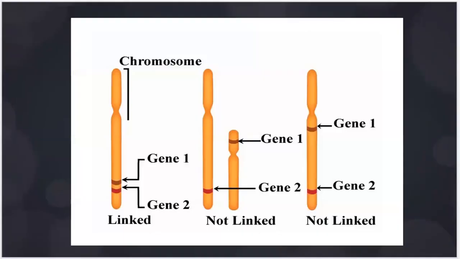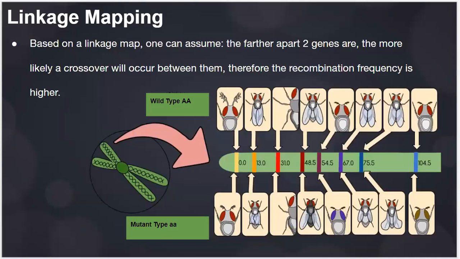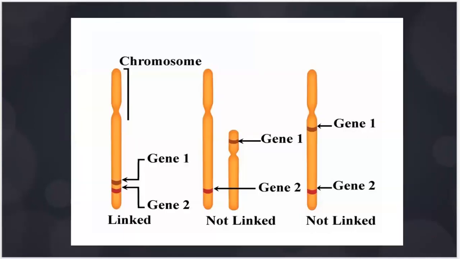So just a representation of how the genes look like. This picture represents that. You have the chromosome, and this is linked: gene 1 and gene 2 very close to each other. Here they are on different chromatids, in another stage, sister chromatids.